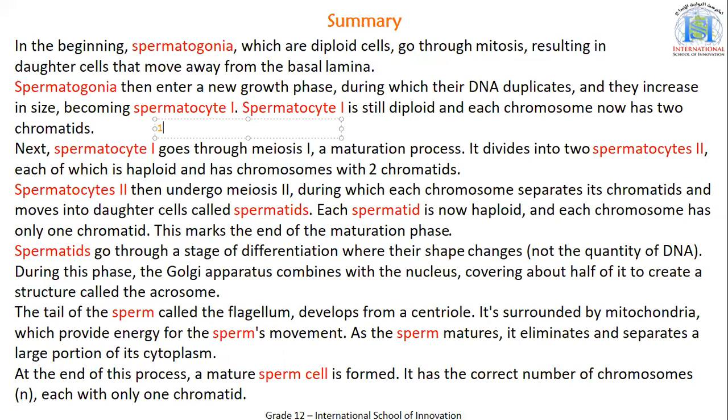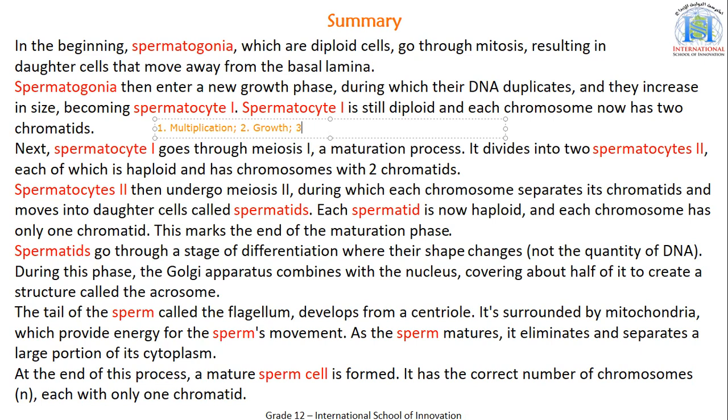So we have many phases. First phase, multiplication phase: spermatogonia gives many spermatogonia. 2. Growth phase: spermatogonia again. 3.